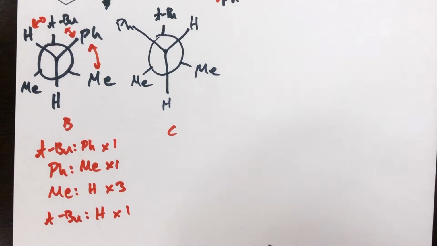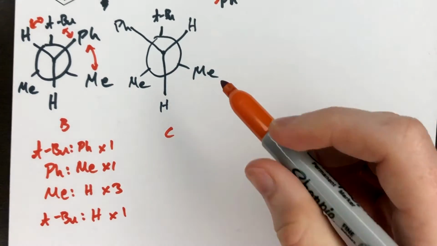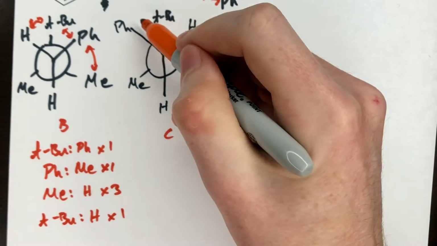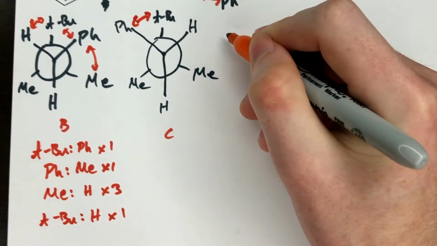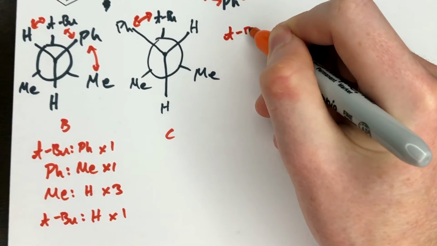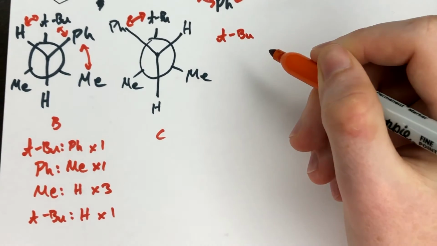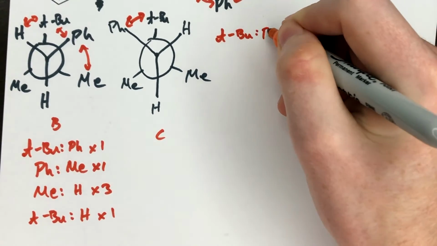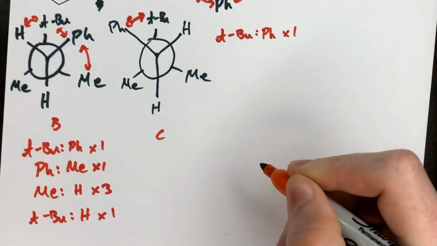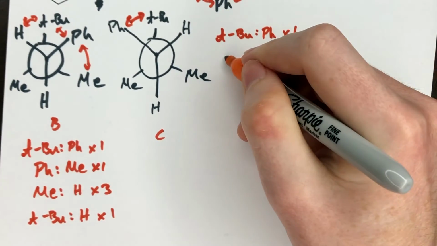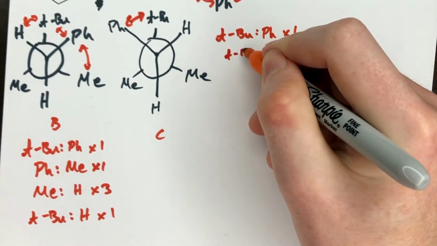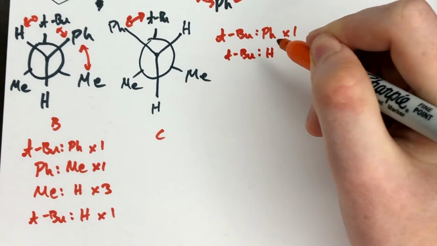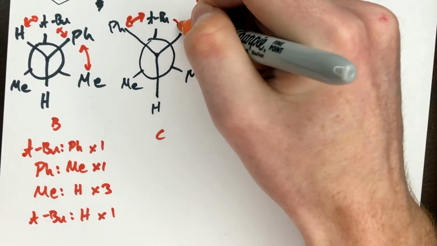Okay. For C, I'll put this over here just to separate them out a little bit. So again, we have the phenyl T-butyl. This one we expect to be extremely destabilizing because those groups are so large. There's only one of those interactions. Then we have a T-butyl hydrogen, one of those, it's this one.